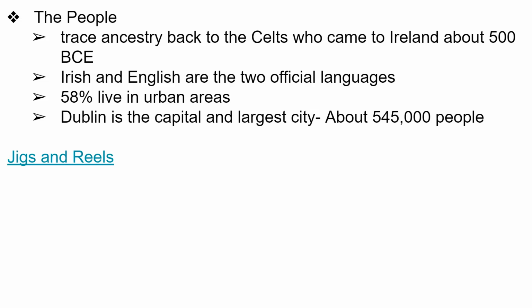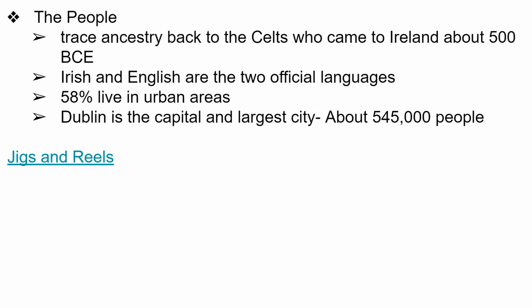Most classes will be taught in English, but you will still, of course, be taught Irish. A little bit smaller amount of the population lives in urban areas, which is why farming plays a bigger role, but about 58% live in urban areas. Dublin is your largest city and the capital of the Republic of Ireland, and it's home to about 545,000 people, so quite a bit smaller than the UK.